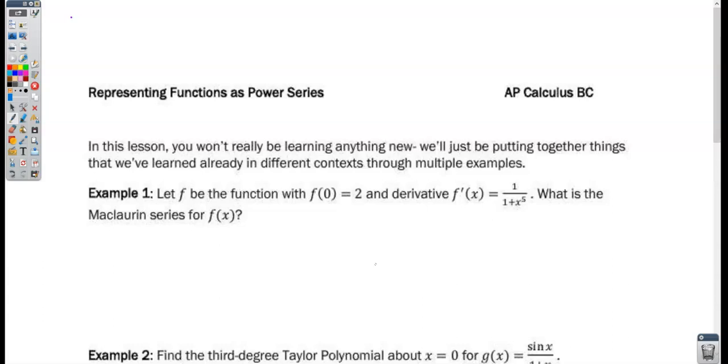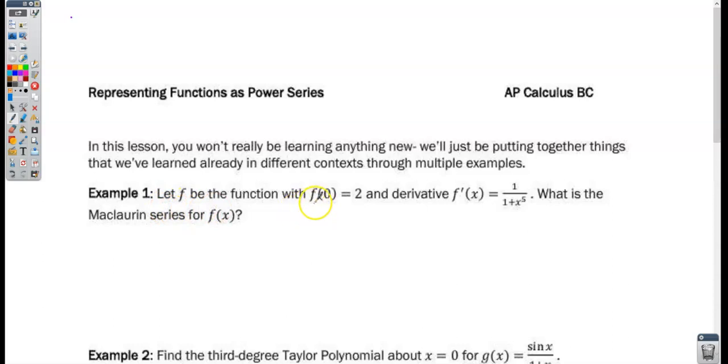And we can even modify these series by using integration or differentiation. So there are a whole lot of things that we can do in order to represent functions and manipulate functions when they're written as power series. In this final lesson of the unit, we're just going to look at a few examples of where we do that, and then you're going to give that a try for yourself on a few examples in some different contexts.